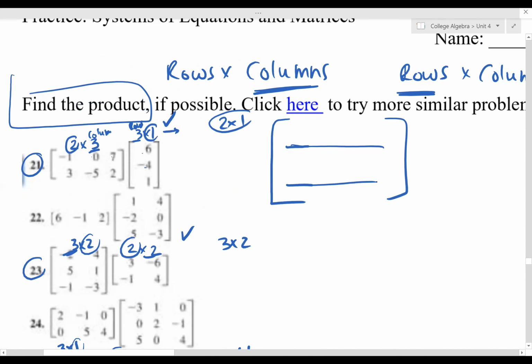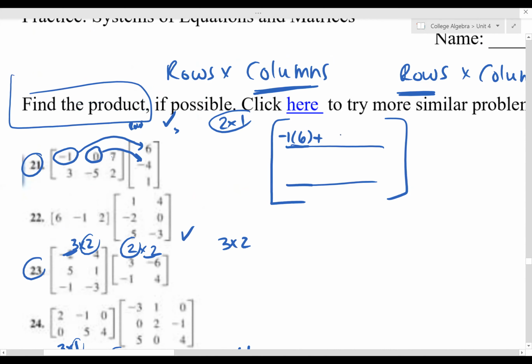So the way that we multiply is, we're going to start with, let me erase some of this stuff here. Start with the top left number, okay? And we have a -1, and we're going to multiply it by that first position in the second matrix, which is a 6. So I have -1 times 6 plus, and I move on to the second number in that first row, and I multiply that by the second number in that other matrix.